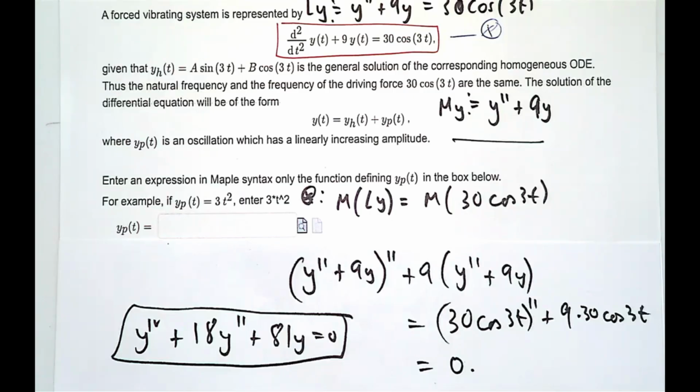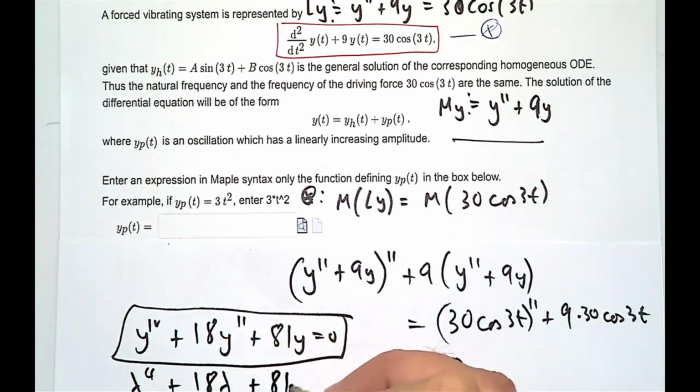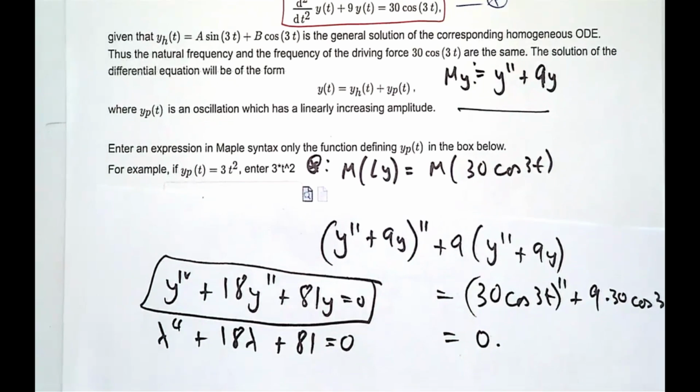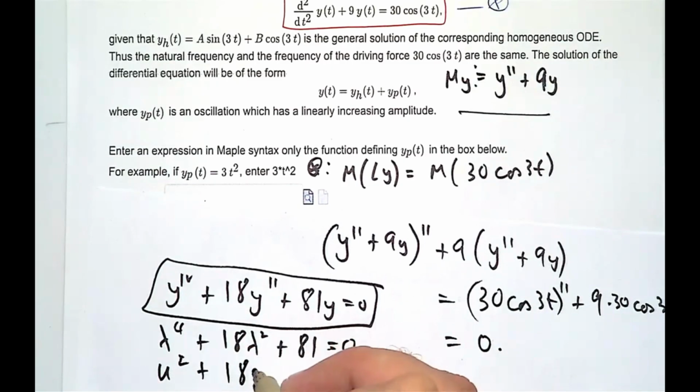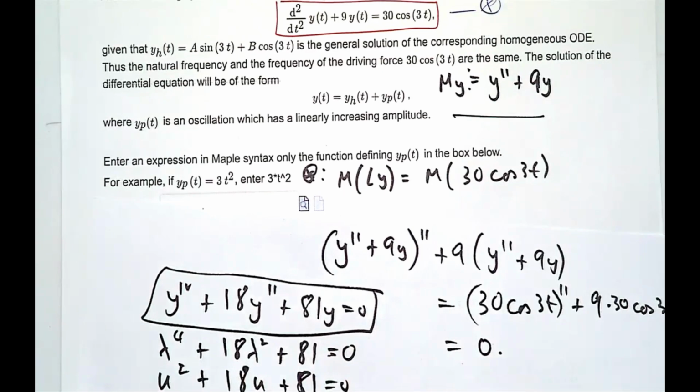So what's the characteristic equation for this mess? Well, it's going to be lambda to the 4 plus 18 lambda squared plus 81 equals 0. That looks a bit difficult, so let's make a substitution. Okay? So we know how to solve that. It's going to be like 9 and 9, something like that.